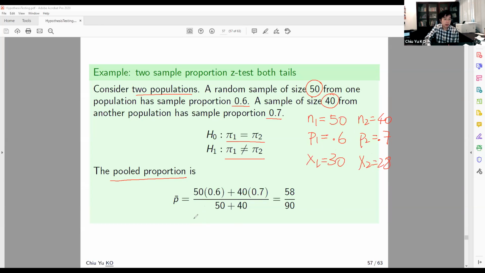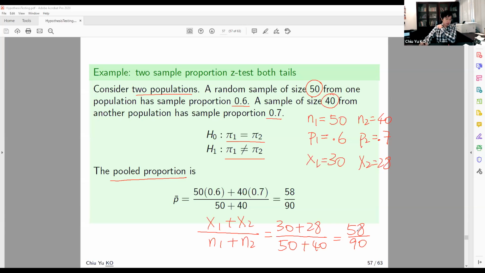It's just x1 plus x2 over n1 plus n2, so 30 plus 28 over 50 plus 40, which is 58 over 90. Is that okay for the pooled proportion? If that's okay, then we continue.